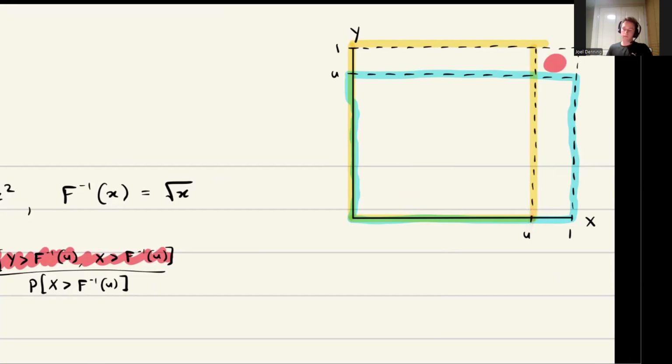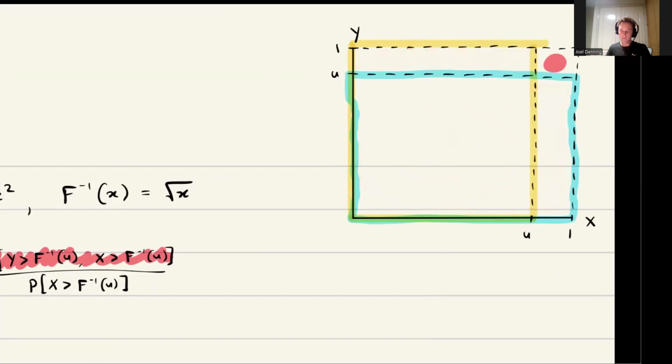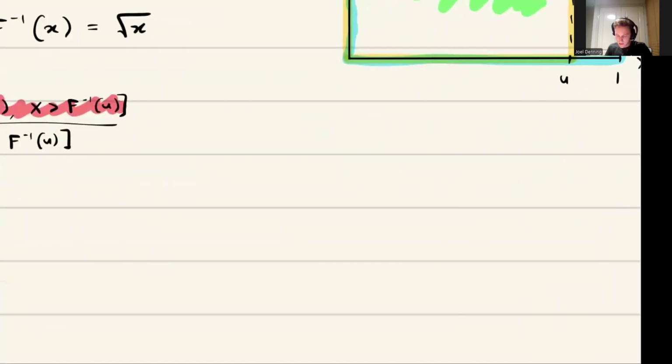If I add those together, that'll give me one lot of this upper part, one lot of this upper part, but then two lots of this main body part, right? So then I just need to take away one lot of this where x and y are both less than or equal to u. So overall, what we could say, maybe, is this red part is equal to 1 minus.